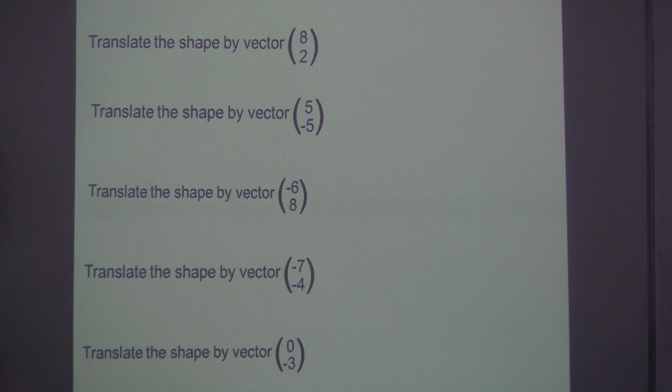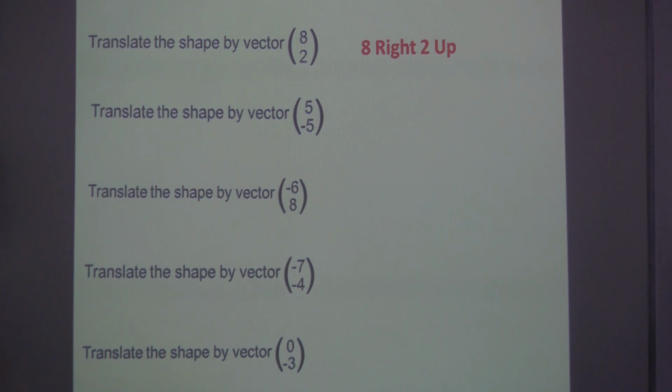Well, this is a positive number, so I need to move 8 spaces in the right direction. And the bottom number is going to tell me if I'm going up or down. How we identify is we check to see if the number is positive or negative. In this case, it's positive, therefore you're moving upwards. So this vector would mean I move my shape 8 right and 2 up.